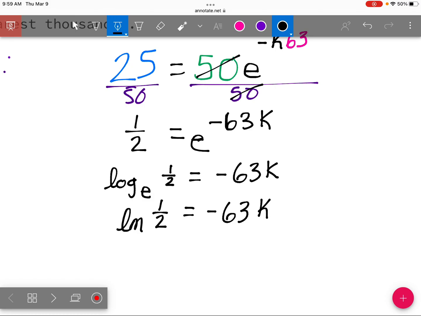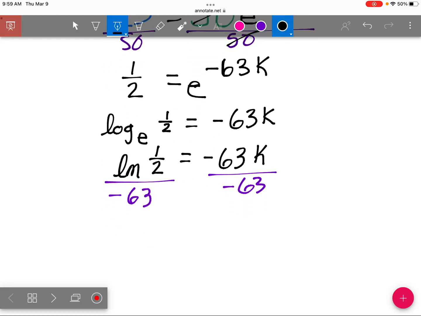I still want to get k by itself, so what are we going to do? Divide by negative 63. So our most accurate answer is that k is natural log of 1/2 divided by negative 63. That doesn't really help me.